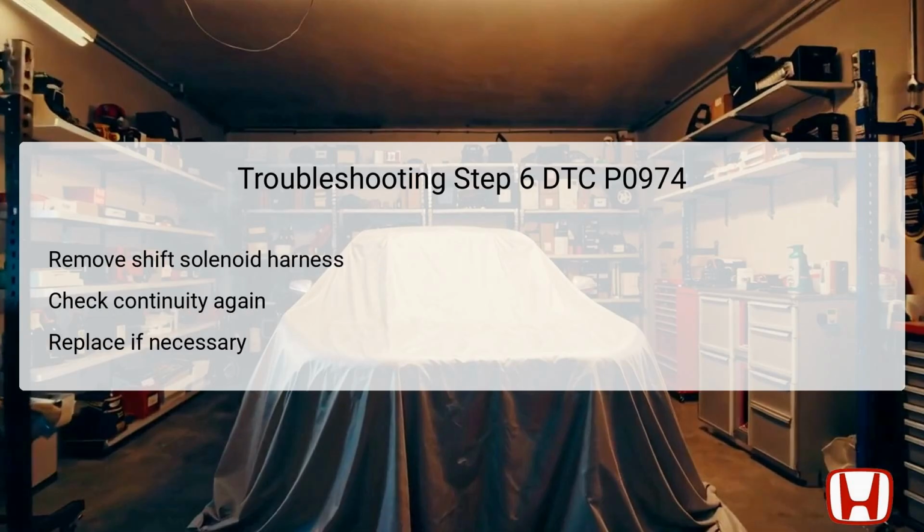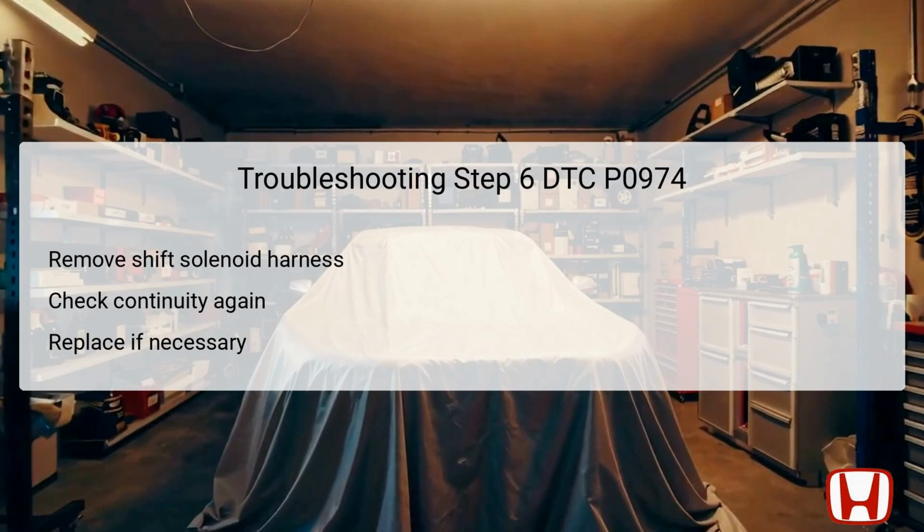In the final troubleshooting step for DTC P0974, the focus shifts to checking the continuity of the shift solenoid wire harness. Start by removing the shift solenoid wire harness to allow for a proper check. After removal, use the multimeter or HDS to check for continuity between the defined test points.